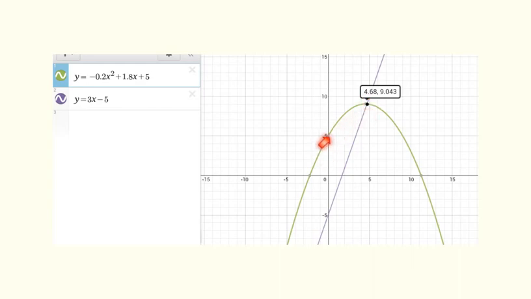Whereas if they produce between 0 and 4,680, the green line, which is the revenue, is above the purple line, which is the cost. So at this section of the graph, from here to here, they are making more money than it's costing them.